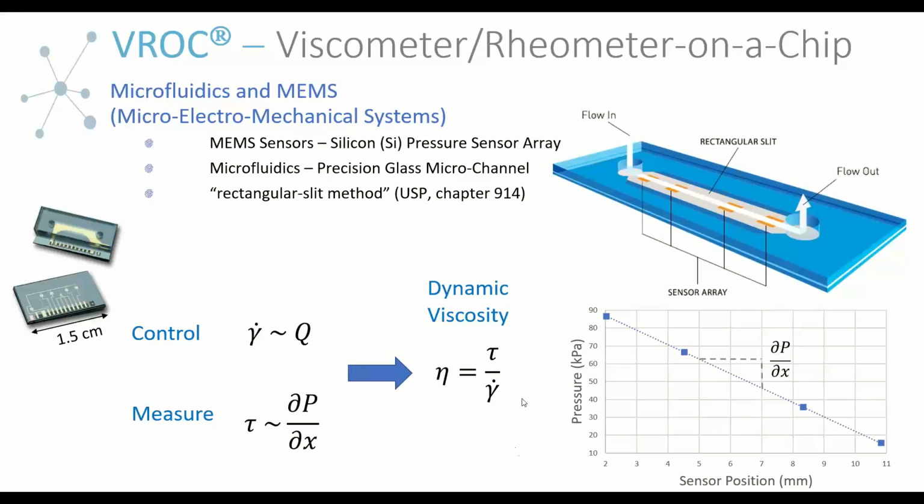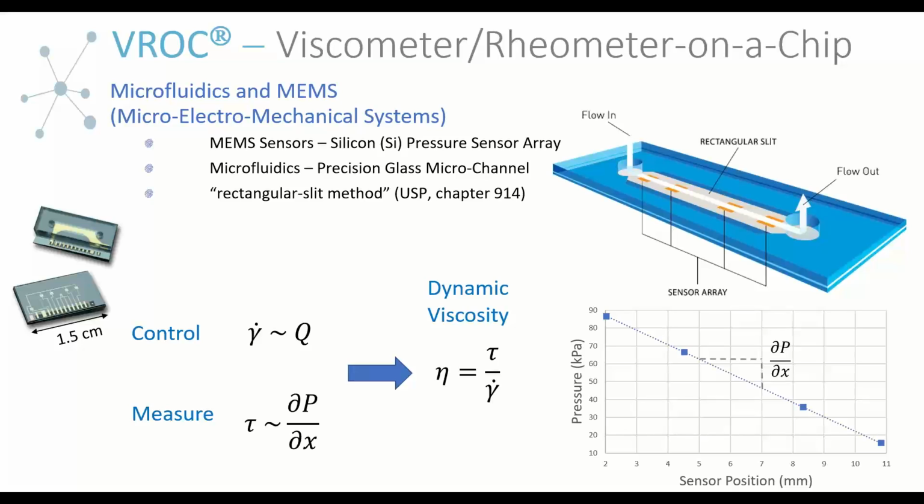We can use this pressure drop, this slope, or the derivative of this pressure drop to then measure the shear stress of your fluid. Since we control the shear rate or the flow rate through our rectangular channel, and we know the geometry of the channel, we can then calculate the shear rate. So we get our shear stress divided by shear rate, which is your dynamic viscosity. This principle holds true throughout all of our instruments, whether it's the Microvisc, MVROC, or Initium 1 Plus.